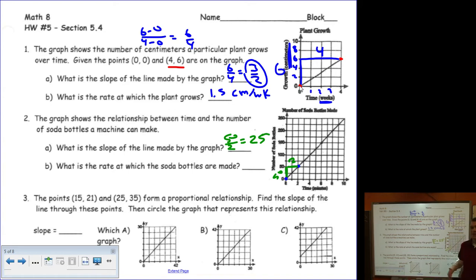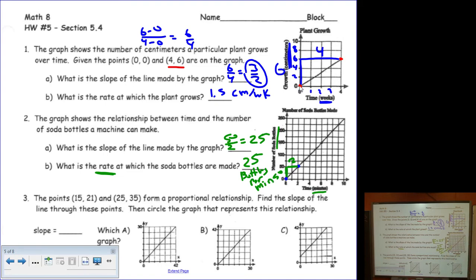The rate is the same as the slope, so the rate is 25. I just need units. This would be the number of soda bottles made each minute, so 25 bottles per minute. So I include the units.